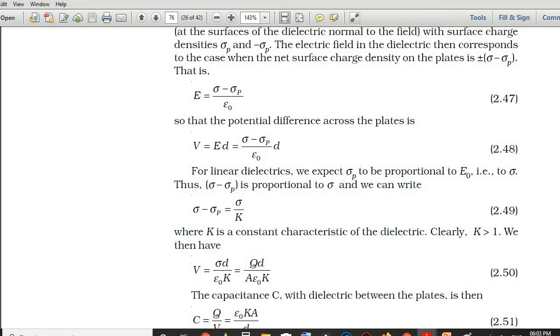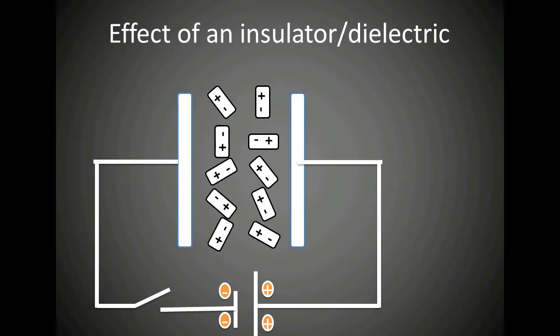Now, once again, we are discussing the relationship between the electric field and the surface charge density. See, if there is no external electric field, dipoles are aligned in different directions, then individually dipoles have some dipole moment, but the total dipole moment will be 0. As a result, there is no sigma P also.